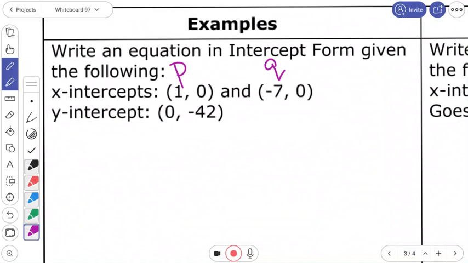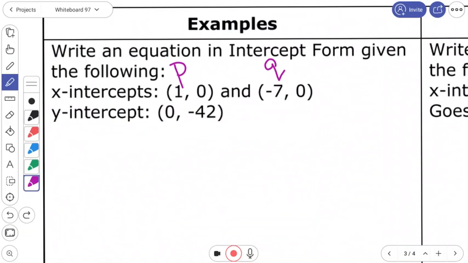Well, the thing that's special about every single x-intercept is it always has a y value of 0. We're not going to be using those zeros in our equation. We just use those zeros to help identify, hey, those values right there, they're x-intercepts. That's P, that's Q. Also, P and Q can be switched. You can label the 1 Q and you can label the -7 P if you wanted to.